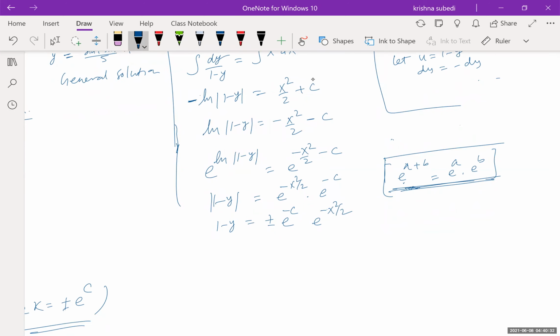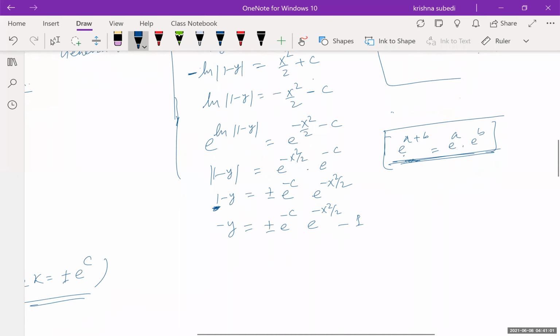Okay, so then negative y equals, I subtract 1 from both sides. Negative y equals plus or minus e to the negative c times e to the negative x squared over 2 minus 1, okay? See here, this 1 is there, so I subtract 1 from both sides, that's what I'm going to get.